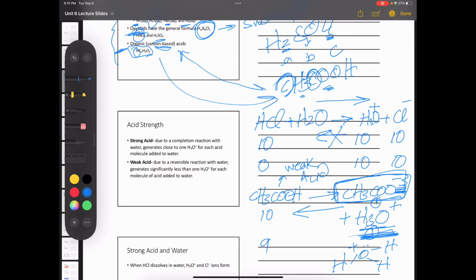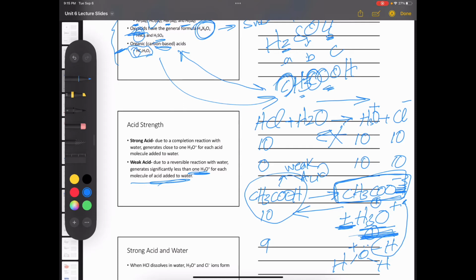It basically takes this proton back and reverses the reaction into the formation of acetic acid one more time. So the concentration of the hydroniums remains extremely low. That's why we call it a weak acid. A weak acid is due to a reversible reaction with water that generates significantly less hydronium ion for each molecule of acid added to water.